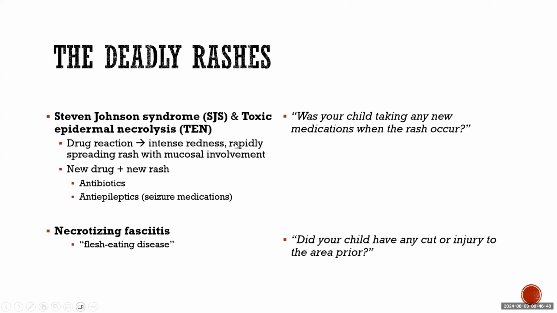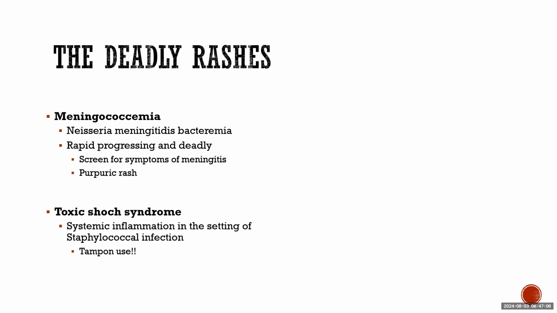Necrotizing fasciitis, or the common layman's term, flesh-eating disease. You just need to get a history of whether or not there was any kind of cut or injury to the area prior to the rash happening. All right. And then this one is not very common, but more common than the other rashes: meningococcemia, especially in populations that are under-immunized.